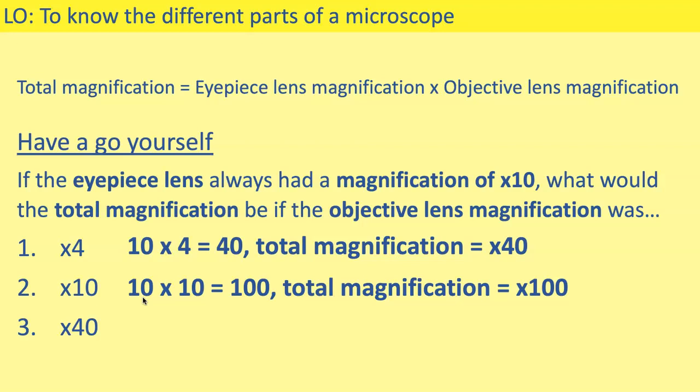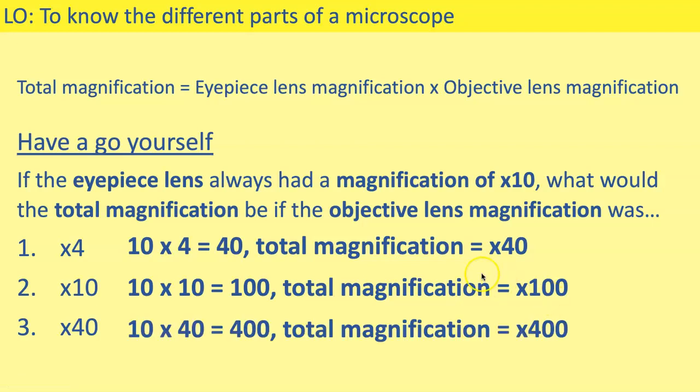That means that the total magnification of this microscope with the eyepiece of 10 and the objective lens of 10 should be times 100.